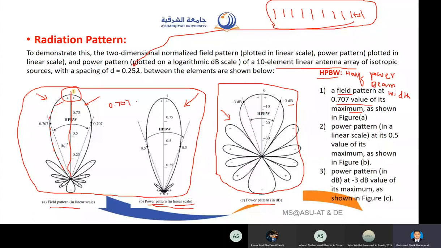So 0.707 multiplied by 1 is the same as 1 by root 2, right? So at that point, 0.707, wherever they are on the radiation pattern graph, you will locate those points on both sides of the magnitude plot. And you will draw one straight line from the origin, from the feeder. So how much angular separation, how much angle is there between these two lines? This is known as half power beam width.